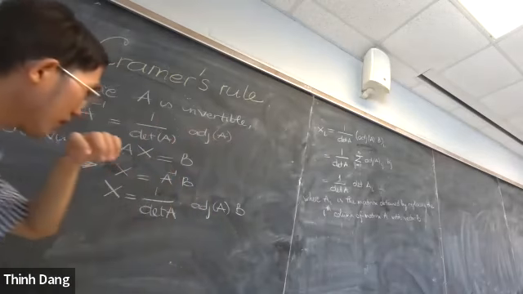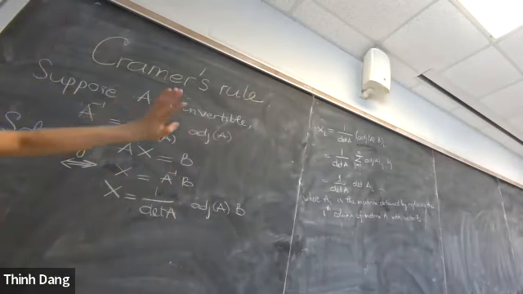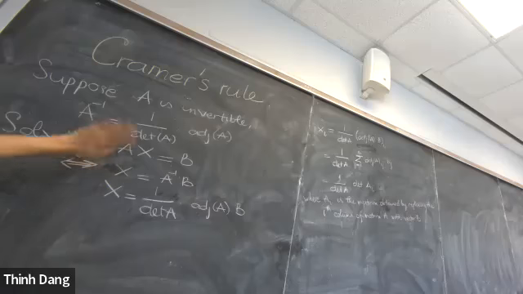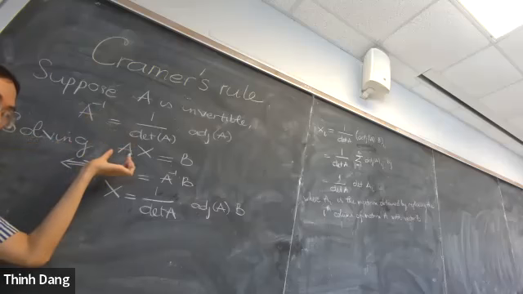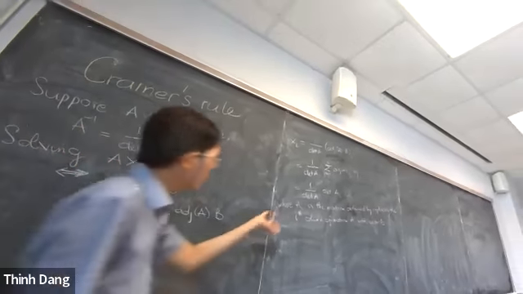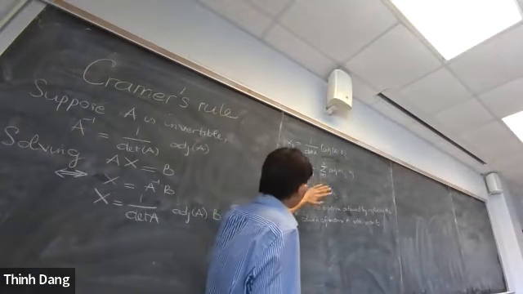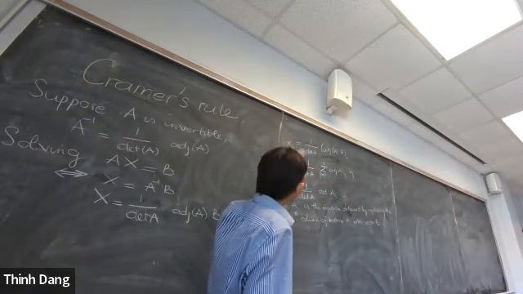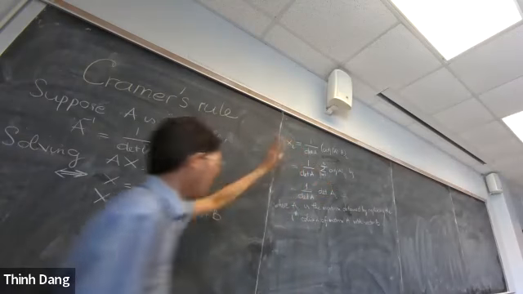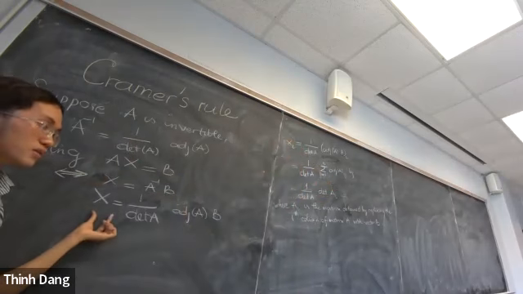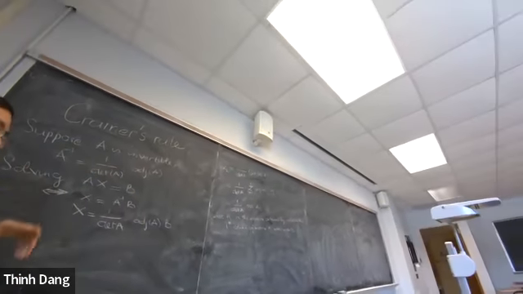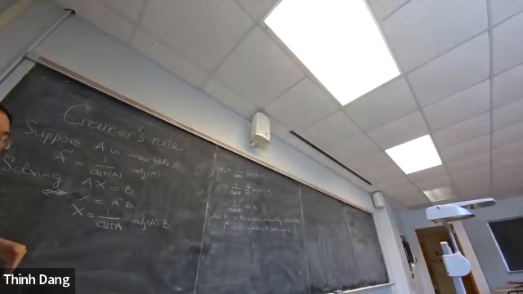As you can see, first of all, let me remind you, this rule only applies to the case where the coefficient matrix is invertible. By using this rule, you can find a specific entry of the variable vector without having to solve for the whole vector.